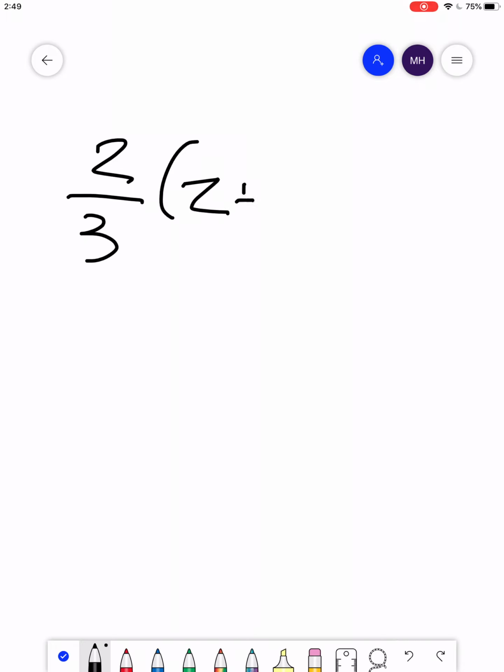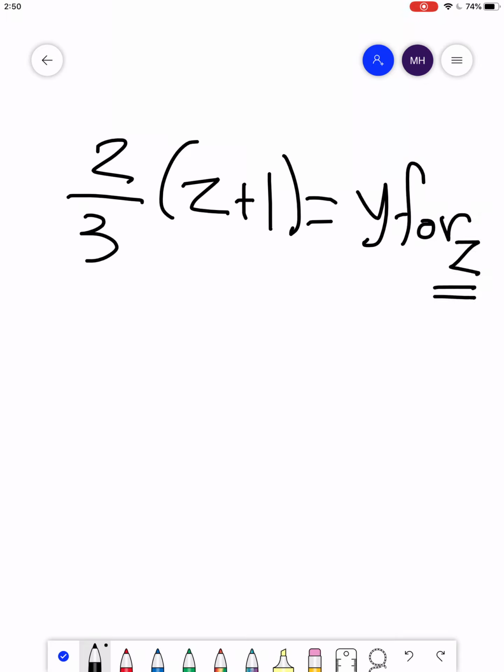This example looks complicated. 2 over 3 z plus 1 equals y, for z. So I want z alone.